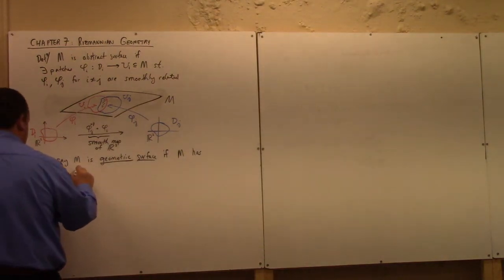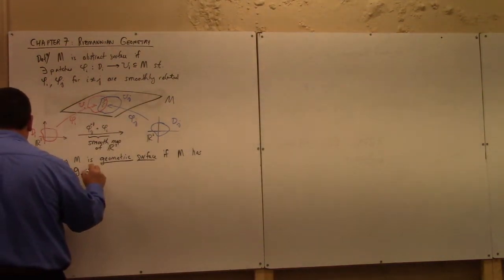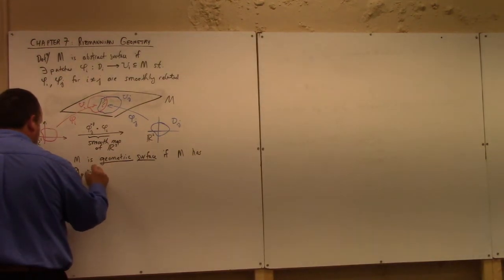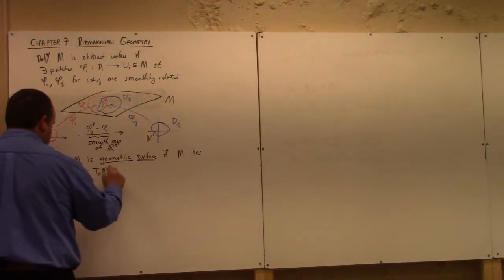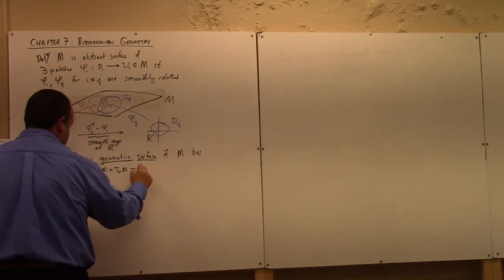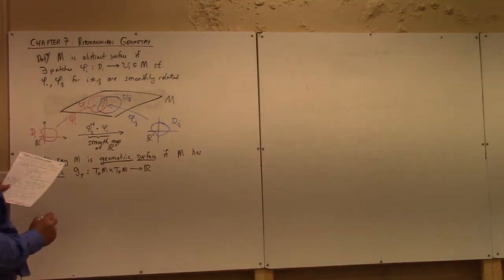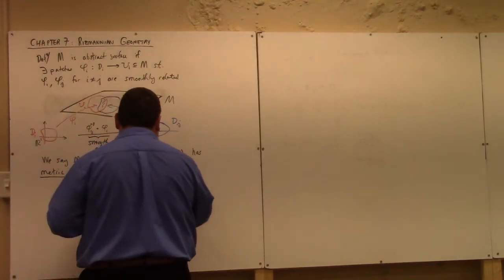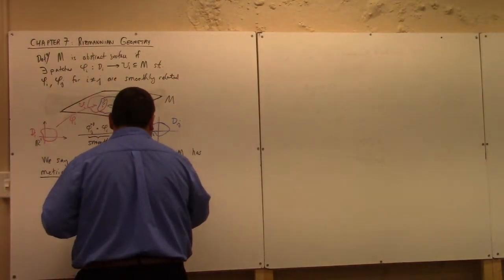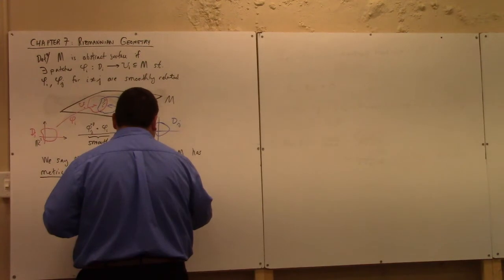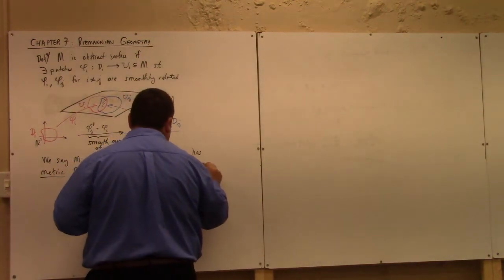And the metric, g_p, from T_pM cross T_pM to the reals, such that p maps to g_p is smooth.